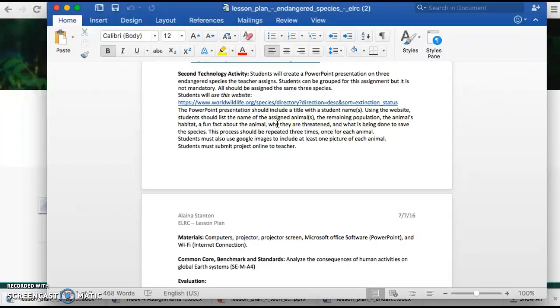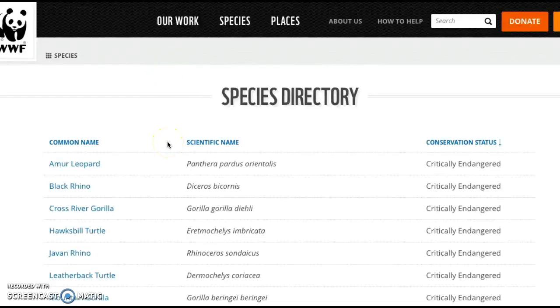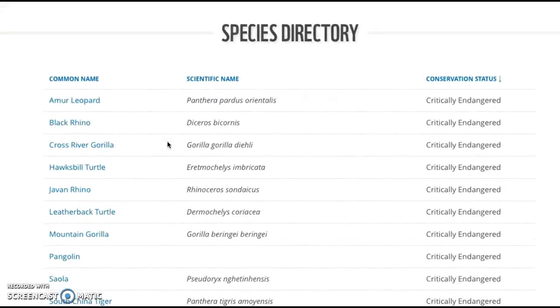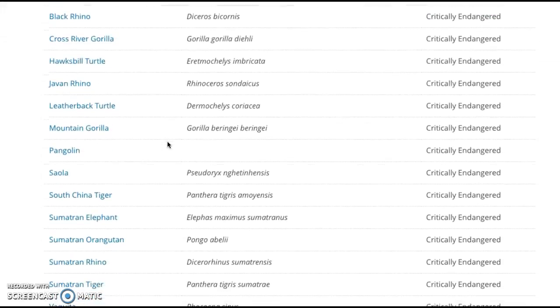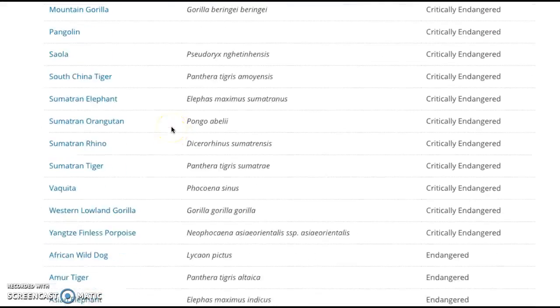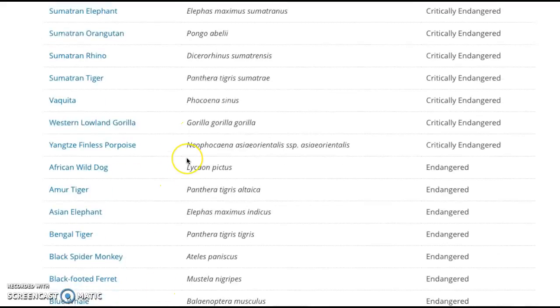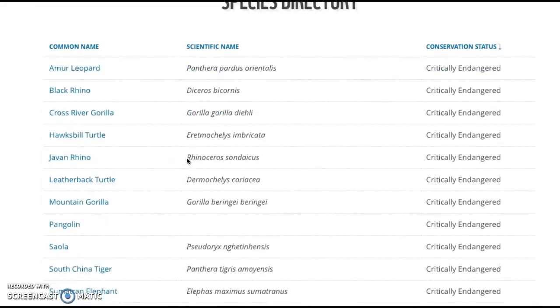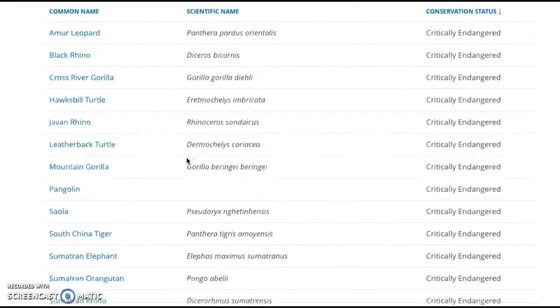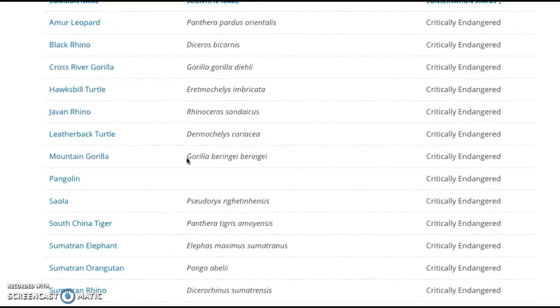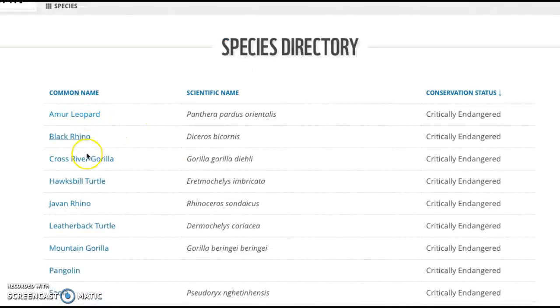I have an example of that to show a little later, but opening up this website is very, very easy. That link is there, with all these endangered species listed right here. The teacher picks 3 of them for students to cover. Every student should have the same species in case the teacher wants to test on it later down the road.